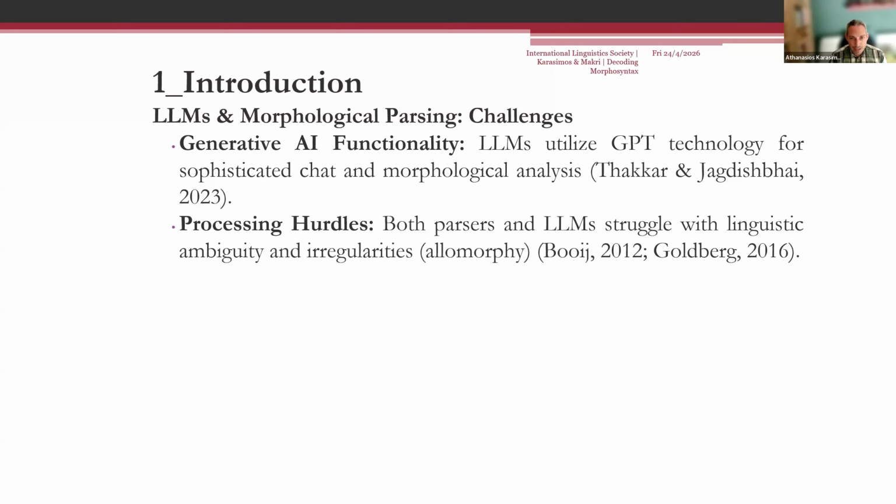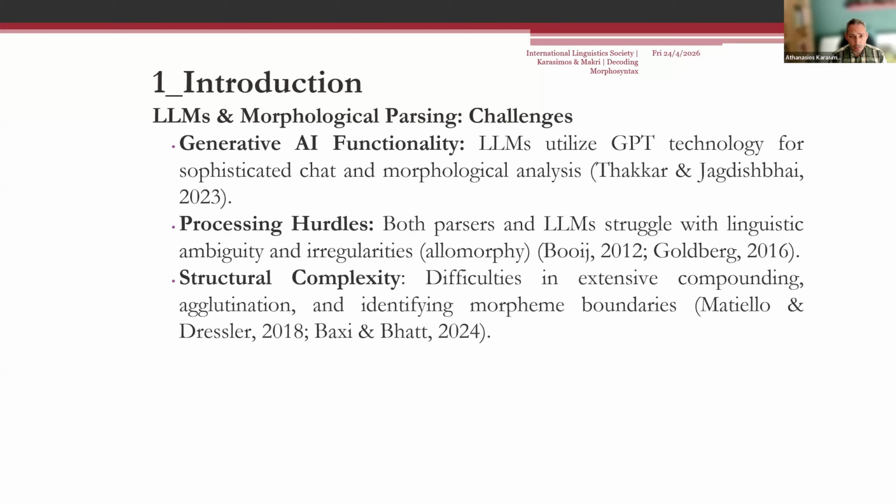And both parsers and LLMs struggle with linguistic ambiguity and irregularities. We call it allomorphy. And the structural complexity that we can identify in several word formation processes, especially in compounding, agglutination, and identifying morpheme boundaries, is something that we have tried to resolve in recent years.